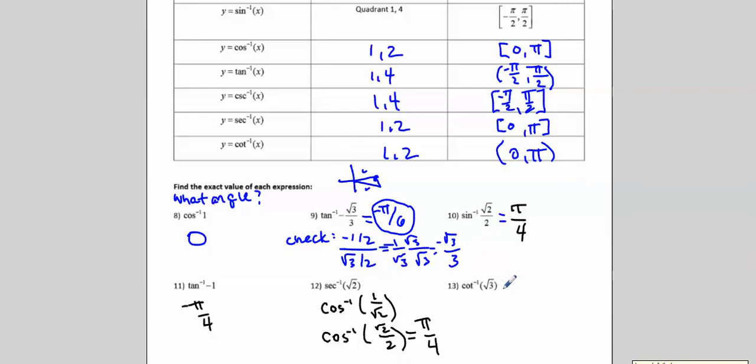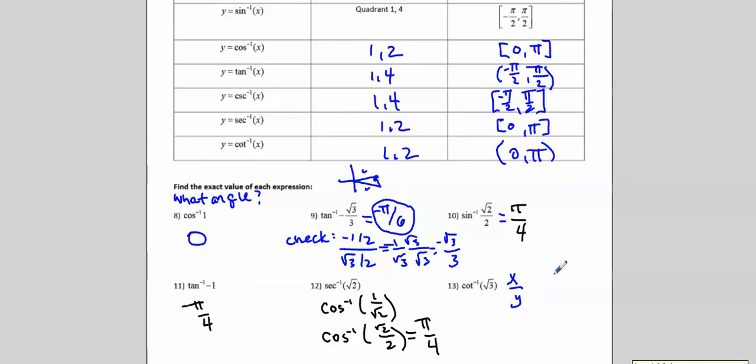Alright, an inverse cotangent of root 3. So remember that the cotangent is the x over the y. So you think of which angle it's going to be. I said y over x, that's actually x over y. I need my eraser. Okay, so it's the x over the y.